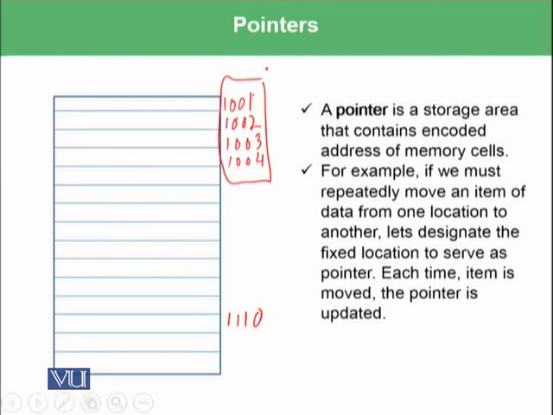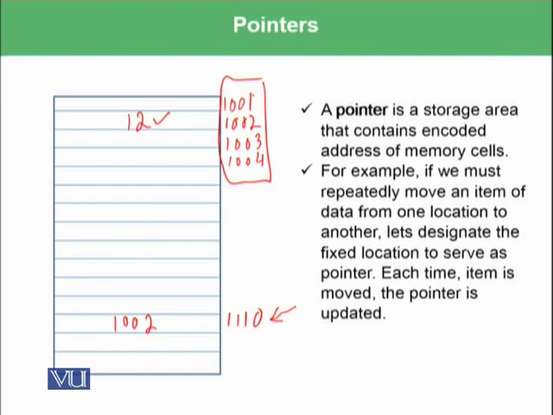So for example, if in this address we are storing 1002, and in 1002 the data is, for example, 12, this means that this location is storing the address of 12, and the address of 12 is 1002.